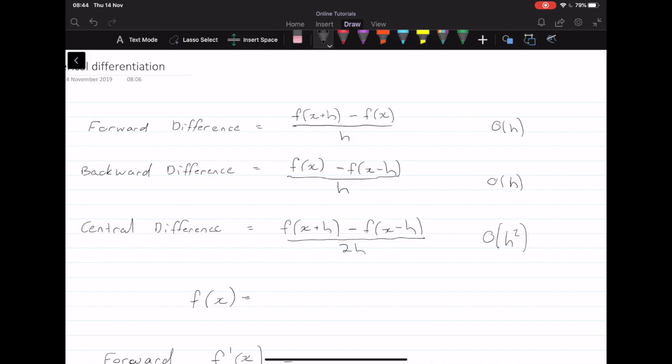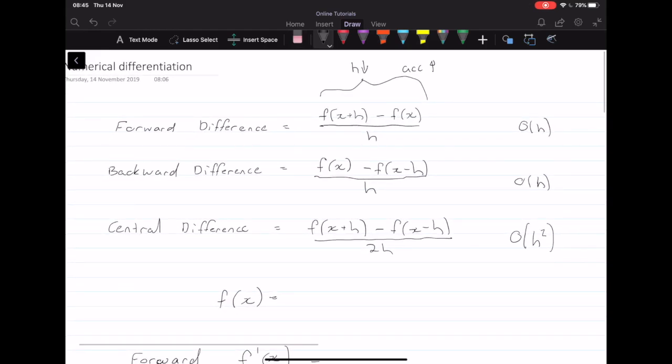With numerical differentiation, you will not get the exact value of the derivative. As h goes down, our accuracy goes up, and as we get higher orders, h squared, h cubed, h to the fourth, our order of accuracy increases. So we want a higher order of h for more accurate answers.